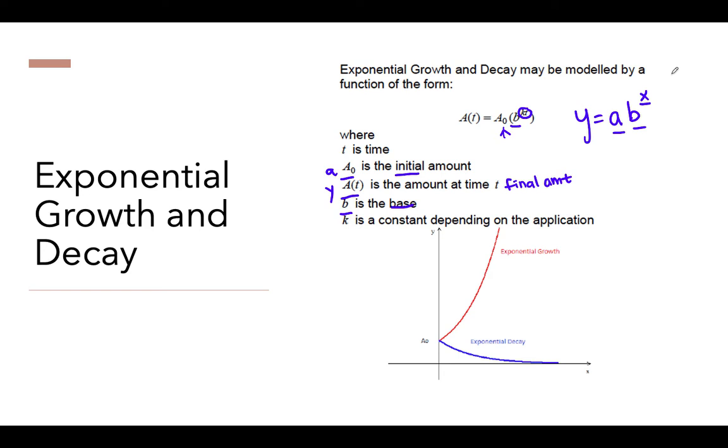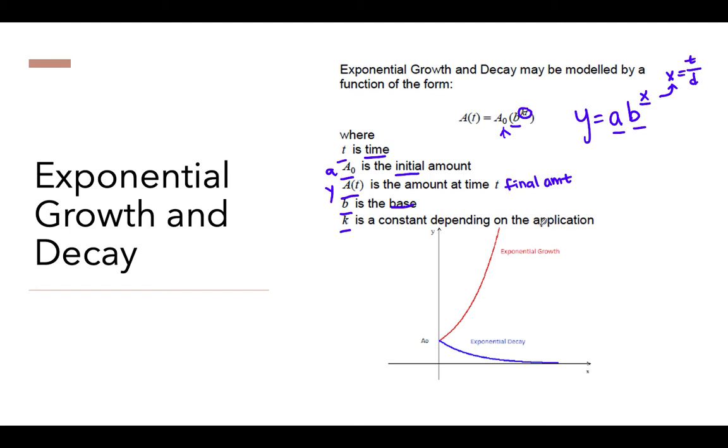Now remember I said x before was t over d, d representing, let's say, a doubling period, and t meaning the given time. So in this case it will be t, which is time, and k is a constant depending on the application.